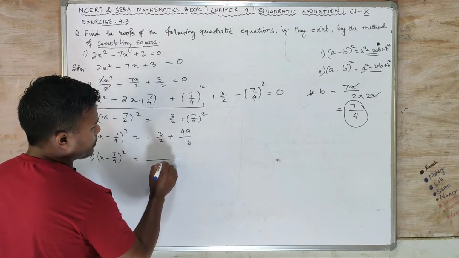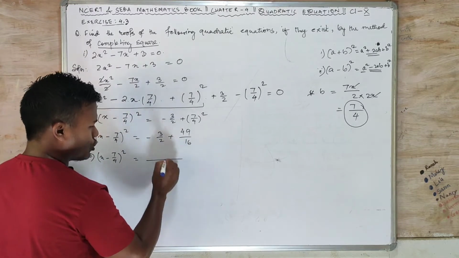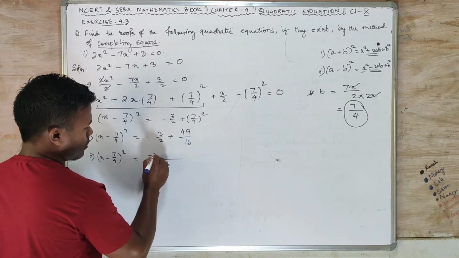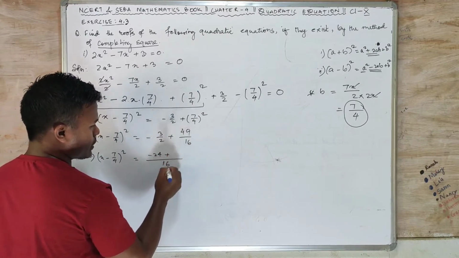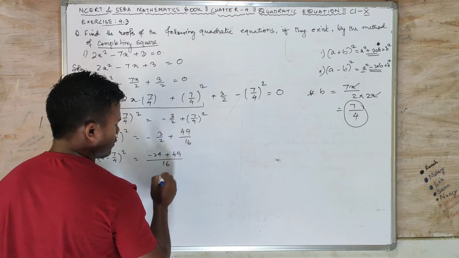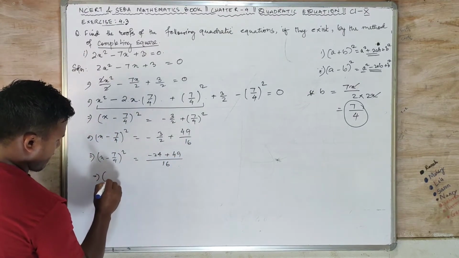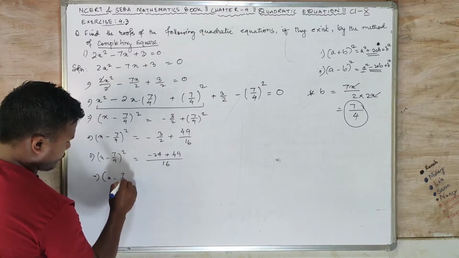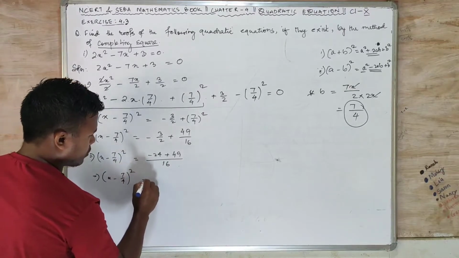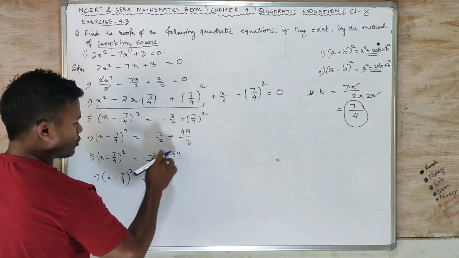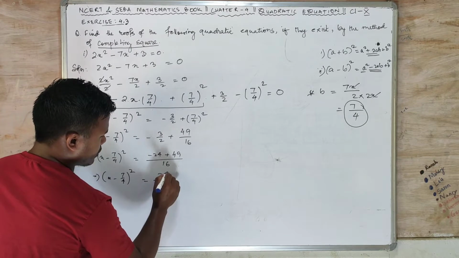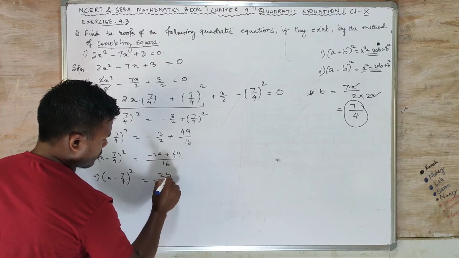If you take the common denominator, it will be 16. 2 times 8 is 16, so 24 plus 16 over 16, 1 to 49. Then (x minus 7 by 4) square over 16. 49 minus 24 will be 25.